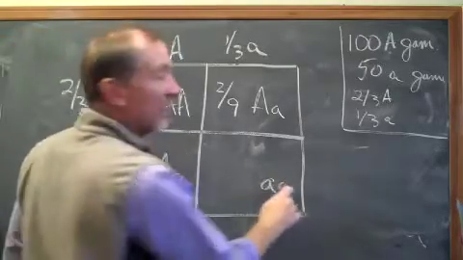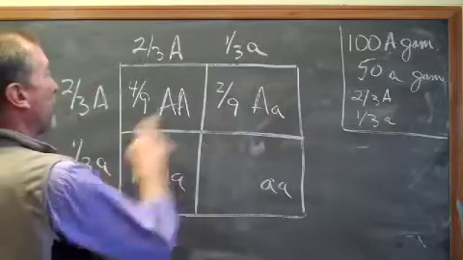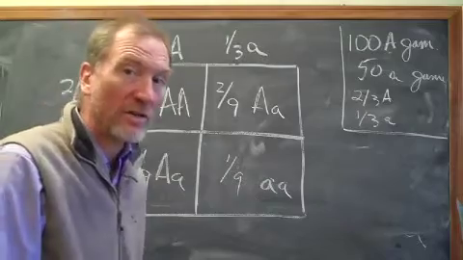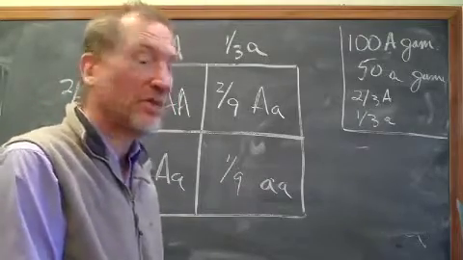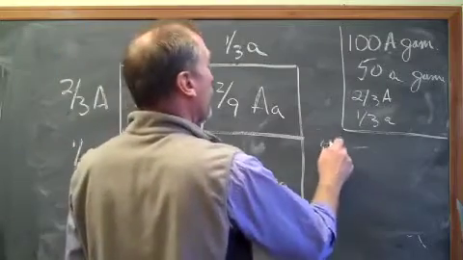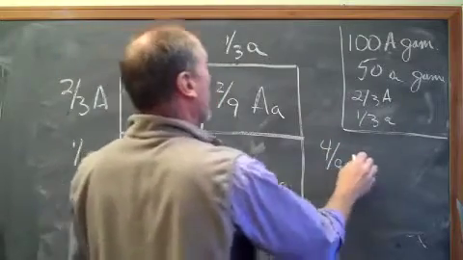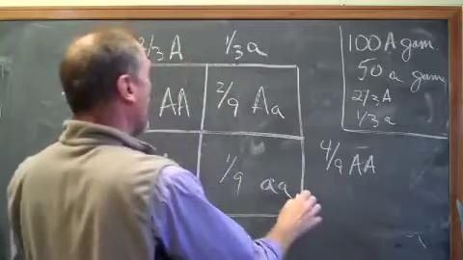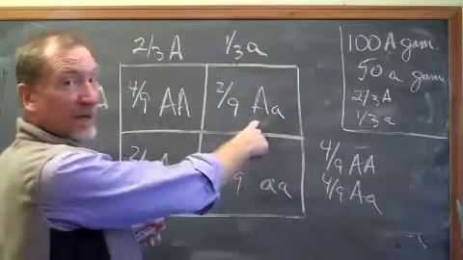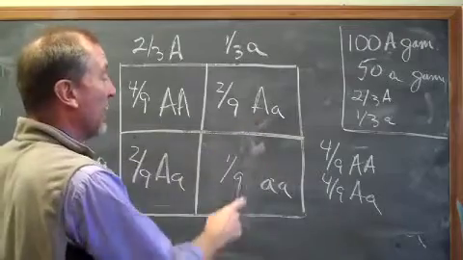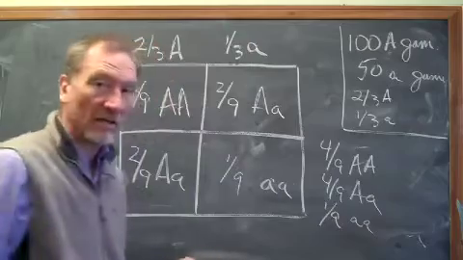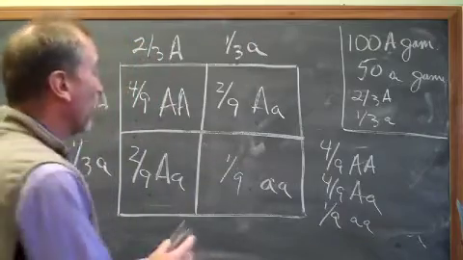And then the little a little a genotype will be 1/3 times 1/3 is 1/9. So these are the genotypes that we will see in the next generation. It's going to be 4/9 big A big A, and 4/9 big A, little a, because we combine these two cells, and then 1/9 little a little a, that's what's left.